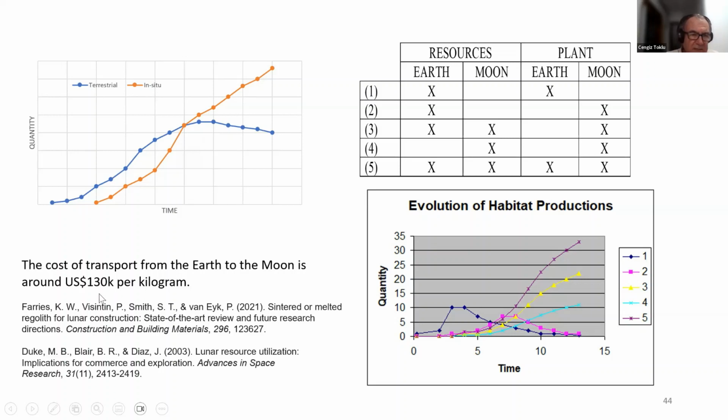And we will not forget that bringing a material from Earth to the Moon costs 130,000 dollars per kilogram. Of course, this cost will change with time, but this is the best estimation today. And of course, this is not the only disadvantage of bringing material from Earth to the Moon. Ben has given some other disadvantages also.